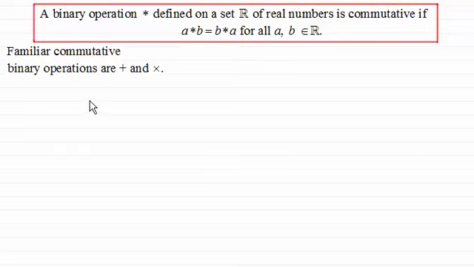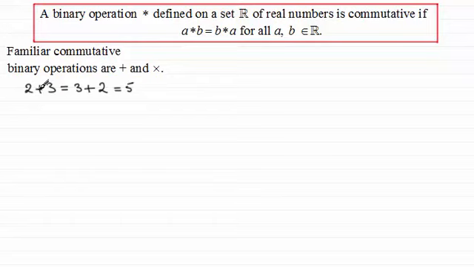Now already you should be familiar with some common binary operations which are commutative, and they are addition and multiplication. For example, let's say we take 2 and add it to 3, then clearly that's 5, but you get exactly the same result if you just turn it around. 3 plus 2 equals 5.